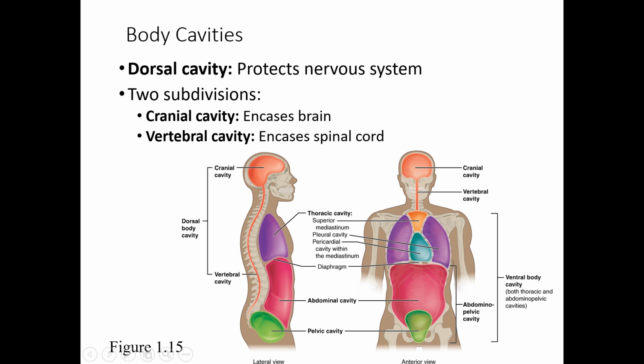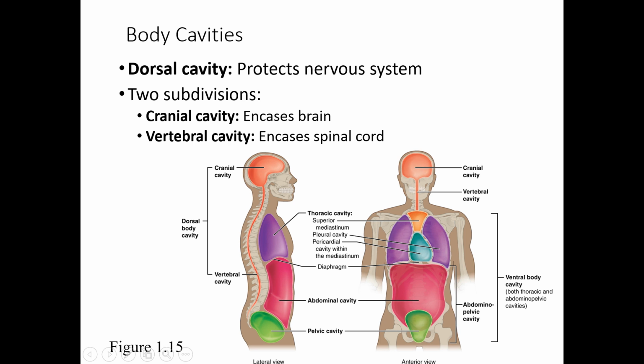There are 2 subdivisions to the dorsal cavity. Right here would be the cranial cavity, which encases the brain, and this one inside of the vertebral canal will be the vertebral cavity, which has the spinal cord. So together they make a dorsal cavity.